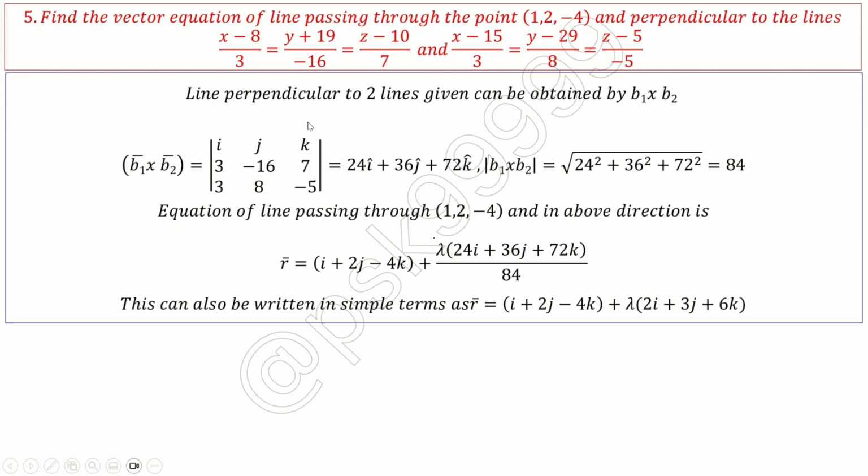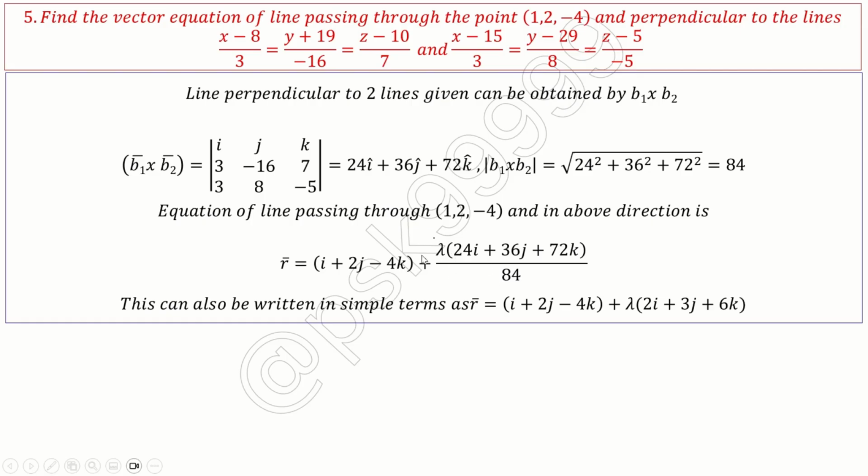So b1 cross b2 is this determinant: i, j, k; 3, minus 16, 7; 3, 8, minus 5. I don't need to worry about the modulus, but I want to calculate and show you what happens. This is nothing but 24i plus 36j plus 72k, and the modulus is 84. So the line passing through (1, 2, minus 4) in this direction is r equal to i plus 2j minus 4k plus lambda times this value divided by 84.